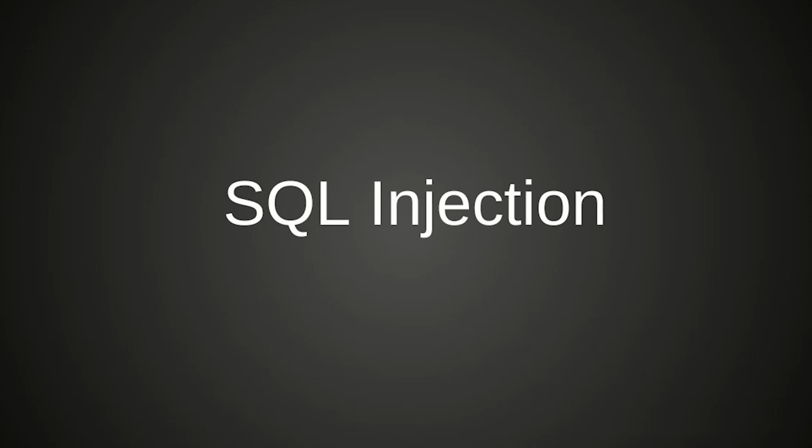Some key topics that we're going to cover in this chapter are understanding what SQL injection is and how it works, exploring different types of SQL injection like error-based, blind, and union-based, and also learning how to test web applications for SQL injection vulnerabilities using tools like SQLmap and also manual testing techniques to exploit SQL injection, and finally implementing defensive strategies to prevent SQL injection attacks in web applications.